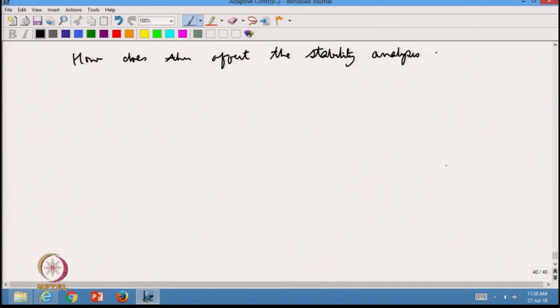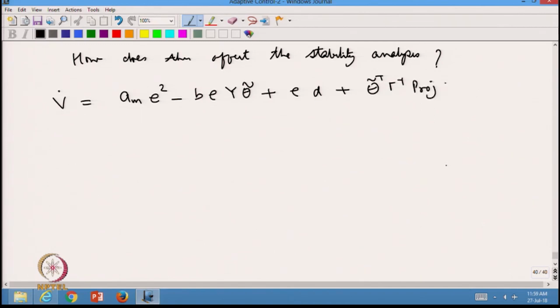Let's go back to the Lyapunov function that we had considered, and I'll come to the expression for V dot, which was given by a m e square minus b e y theta tilde plus e d, and now we have plus theta tilde transpose gamma inverse, and we use proj of theta hat comma y. So we'll have a negative sign here.